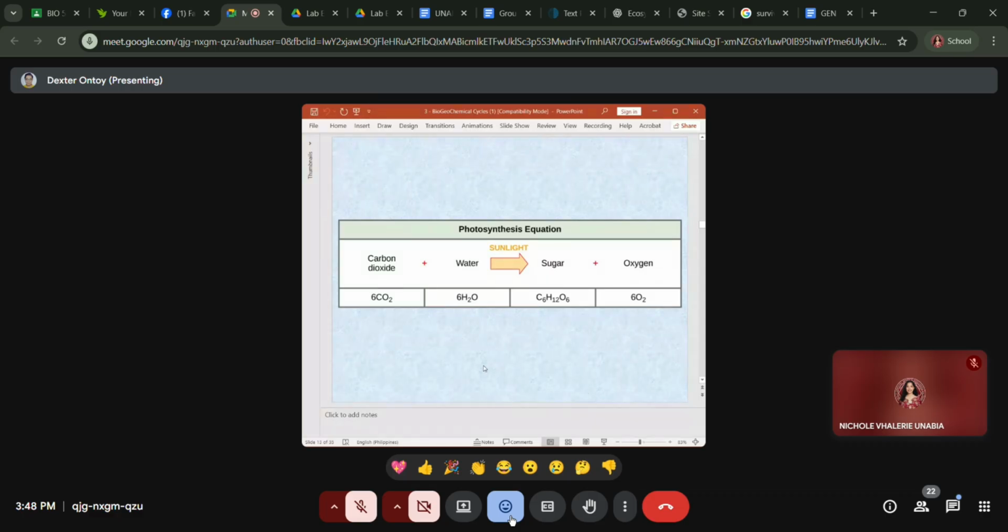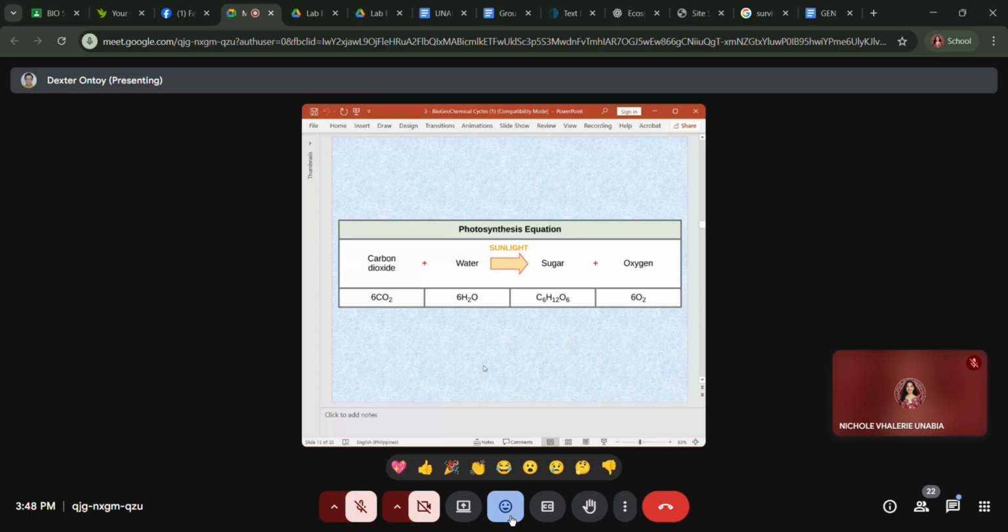And in this equation, the carbon dioxide uses how many moles of carbon dioxide per 6 moles of water to produce carbohydrates? 6 moles of CO2 and 6 moles of water, when combined with the aid of sunlight, then you produce sugar.